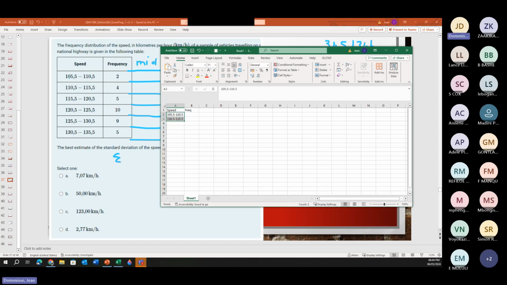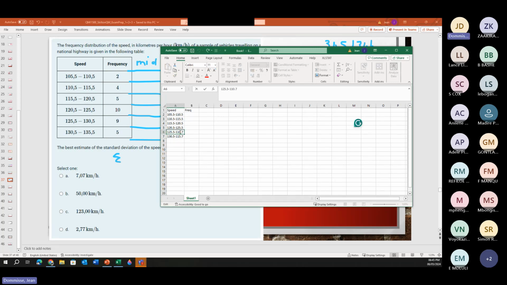So that's 1, 2, 3, 4, 5, 6. 105, 110, 110, 115, 115, 125, and 150. Then on this side, it's 125.5.